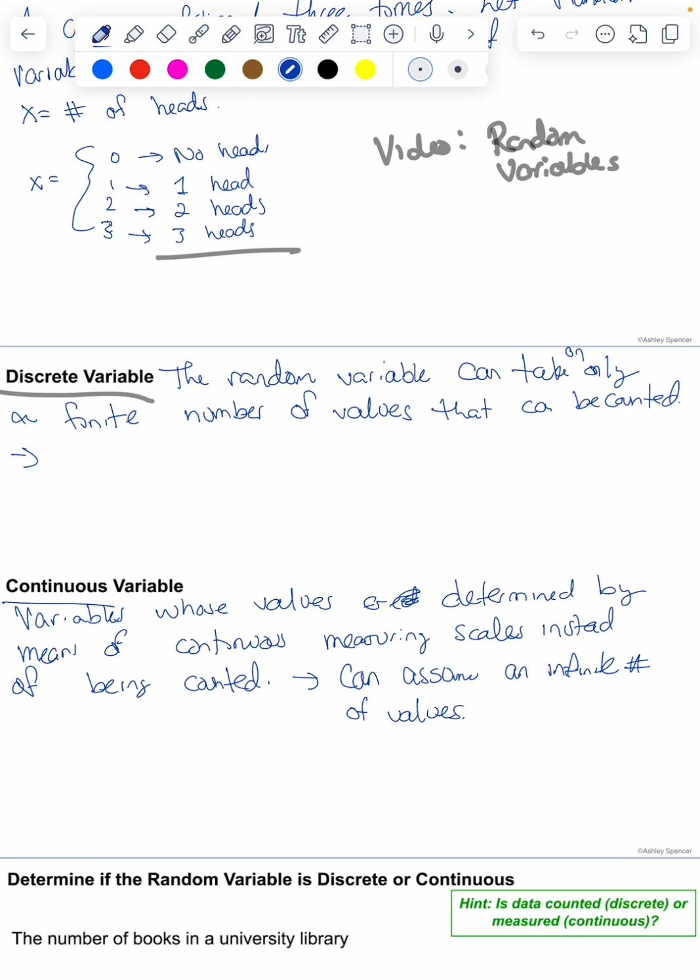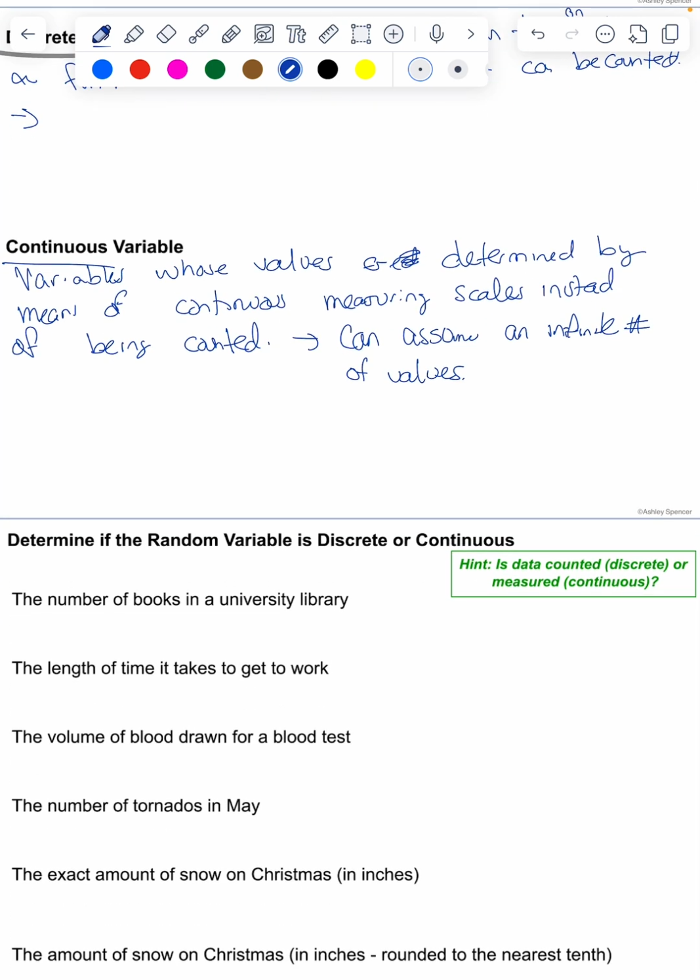They can call one person, which is a discrete variable, right? That is a finite number, or 10 people, but they can stay on the phone for as long as they want. Okay? So let's determine if the random variable is discrete or continuous. Hint: is the data counted or is it measured?